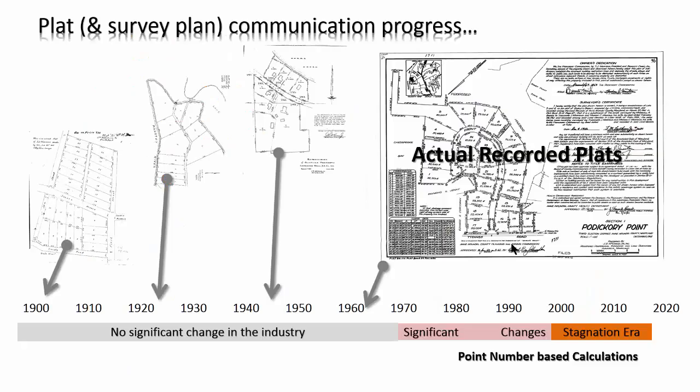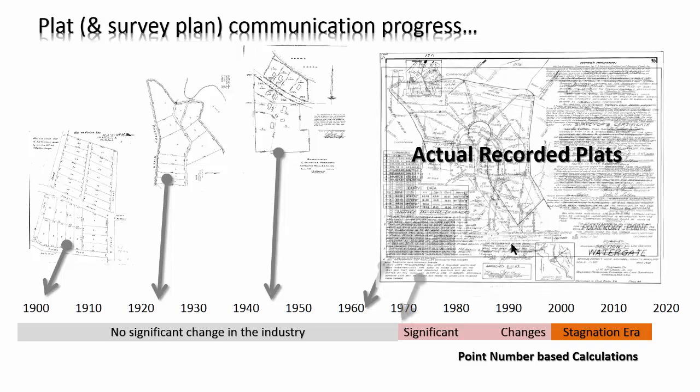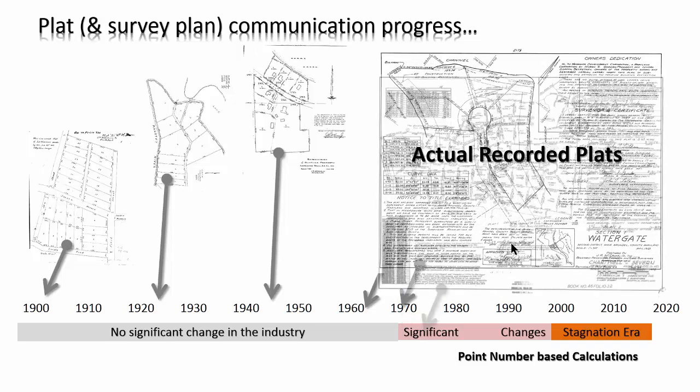So I want you to think about something. These are actual recorded plats from the turn of last century. And so when you look at it, up until this point, all of those would have had to be hand drawn. These are recorded plats. And then we start looking into the automated years.